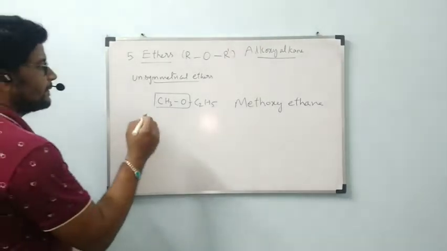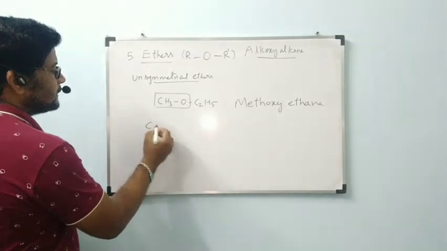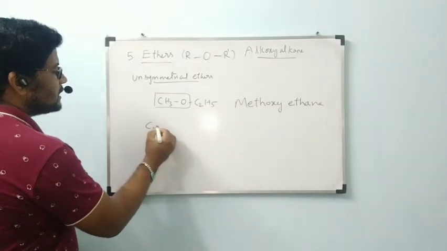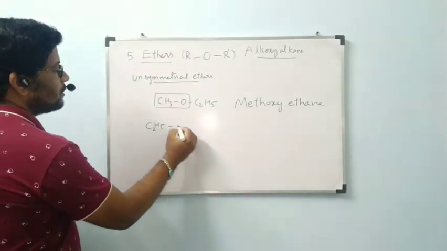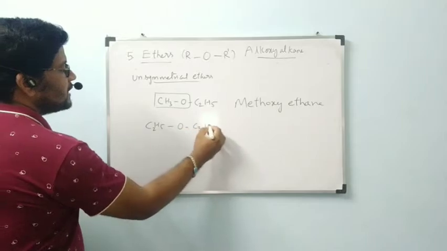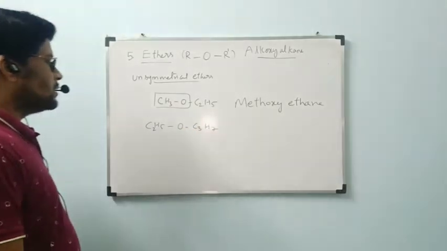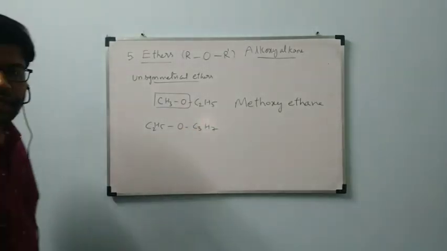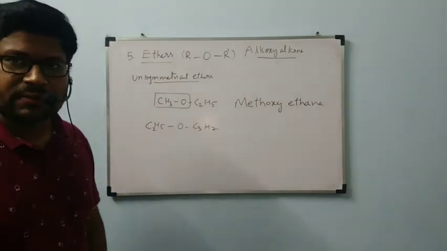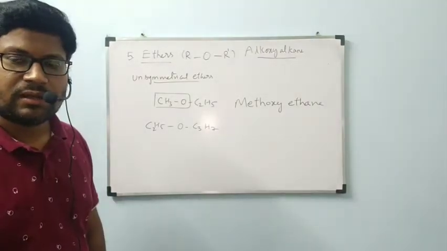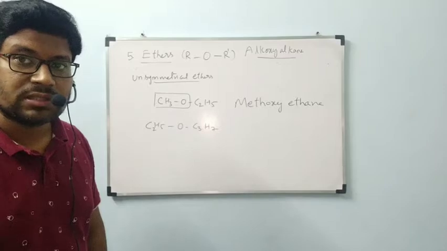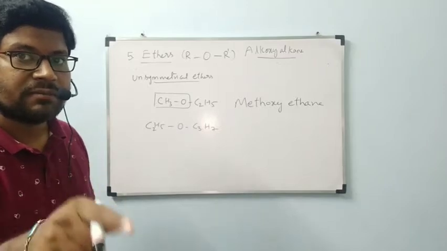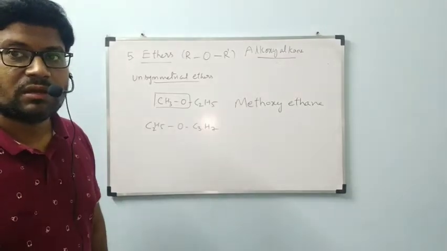Next, C2H5O C3H7. We have different numbers of carbons, which comes under unsymmetrical ether. Now, which one must be joined with oxygen? The alkyl group with fewer carbons must be joined with oxygen.